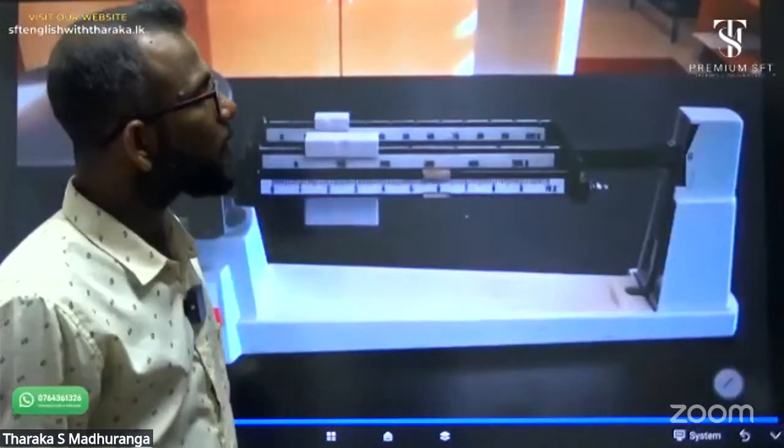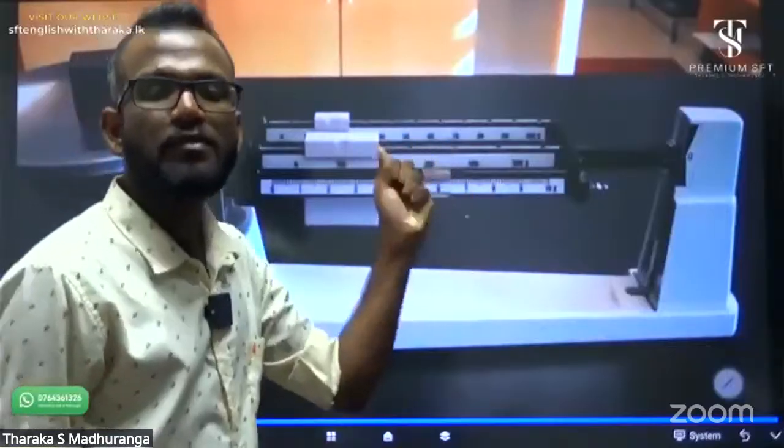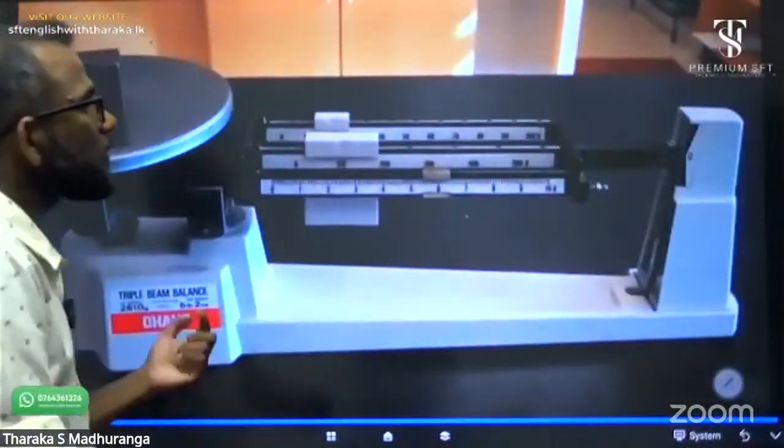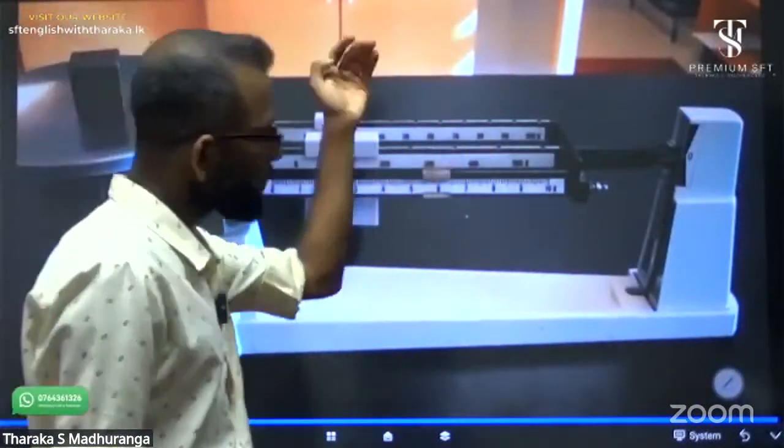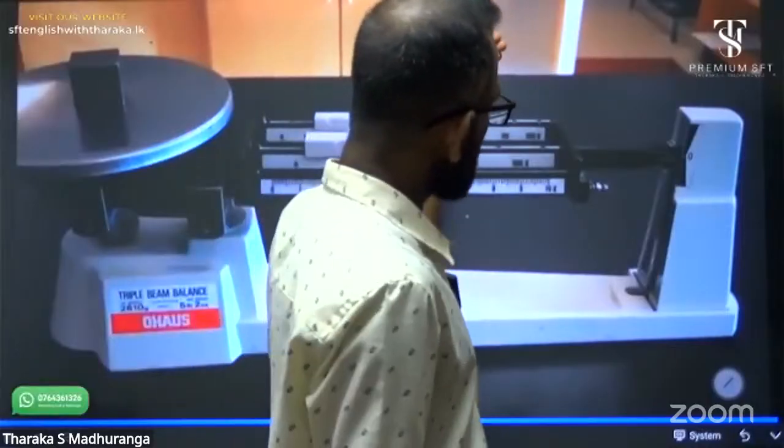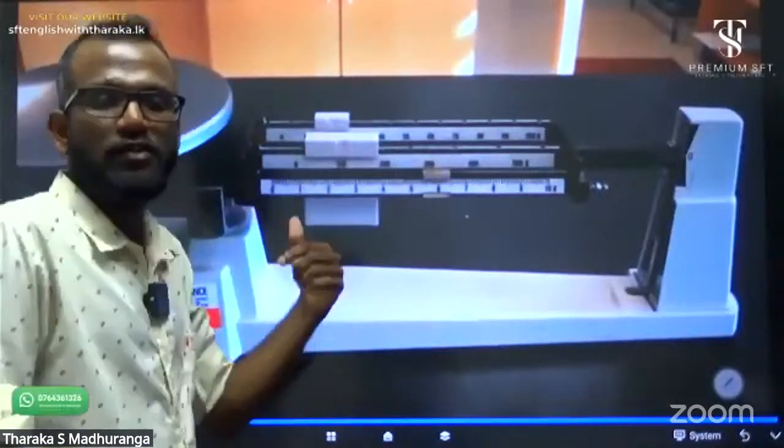Remember, 610 is the maximum value. The maximum possible value is 610. That's the maximum reading that we can obtain. 610 grams is the maximum reading that we can obtain.